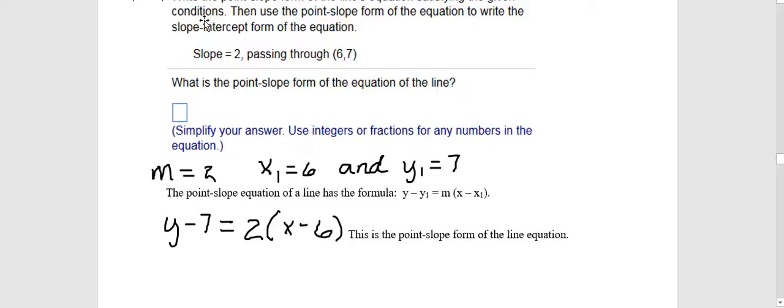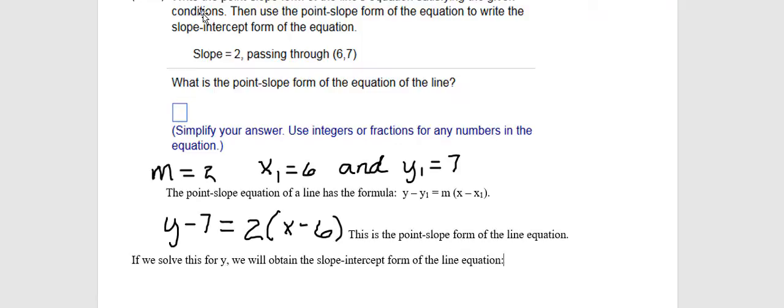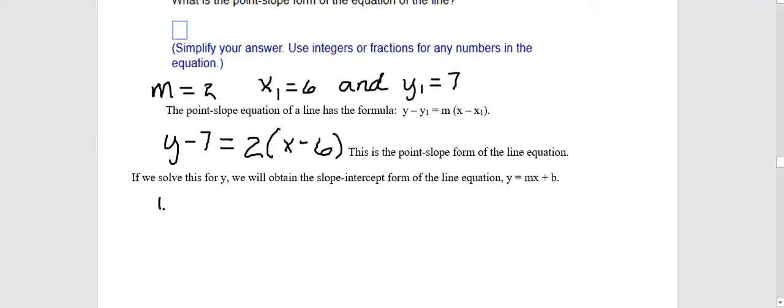And an important thing to note about this form is that it isn't unique. Because a line has infinitely many points, you could have any other point in place of the point 6, 7 that lies on the line. So if we solve this for y, we'll obtain the slope-intercept form of the line equation.